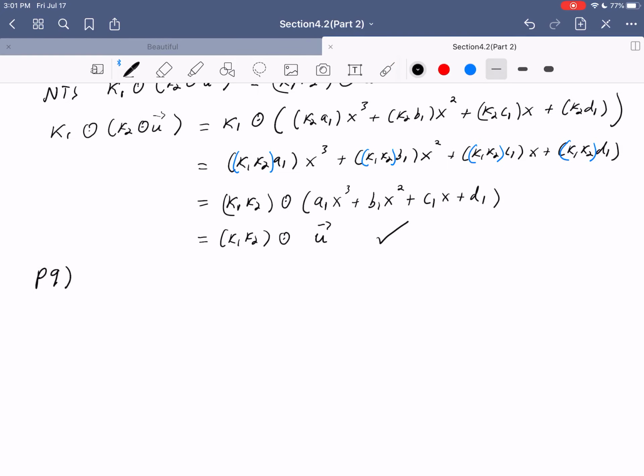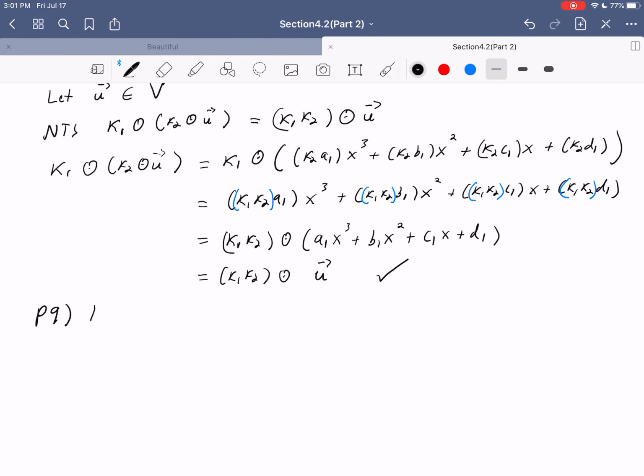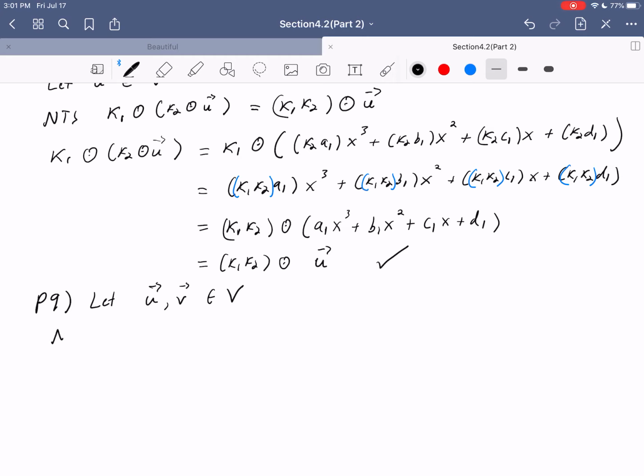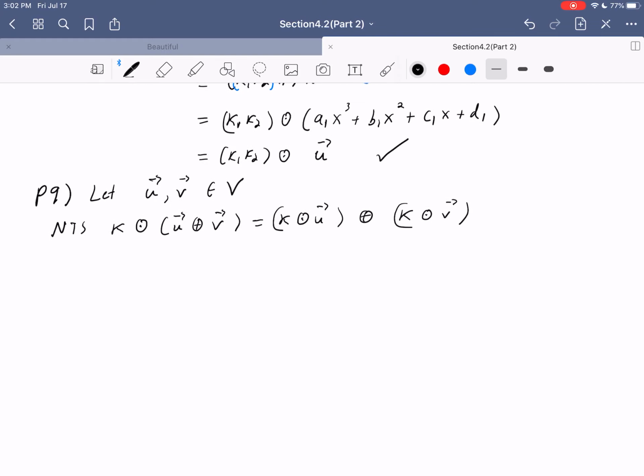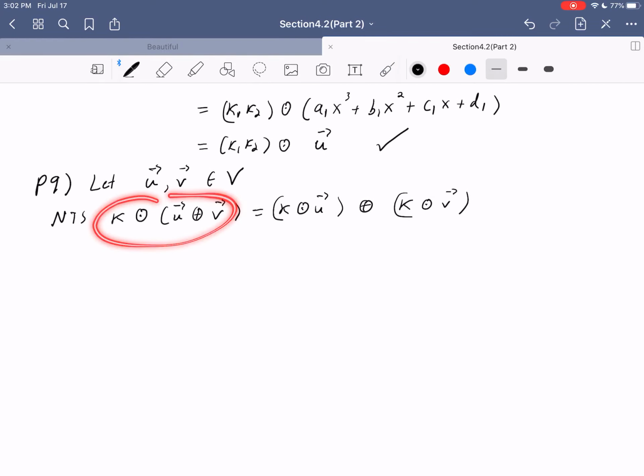So for property 9, we need to let U and V be elements of V. And what we need to show is that K dot U plus V is the same as K dot U plus K dot V. Once again, we'll just go left-hand side to right-hand side.